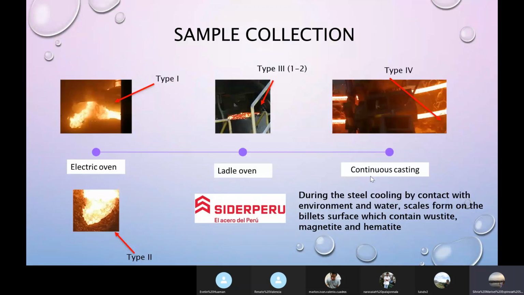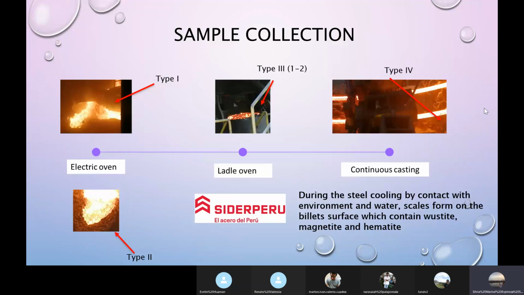This avoids the solidification of the center and prevents liquid from remaining during cooling. During the steel cooling by contact with environment and water, scale forms on the billet's surface, which contains wustite, magnetite, and hematite.